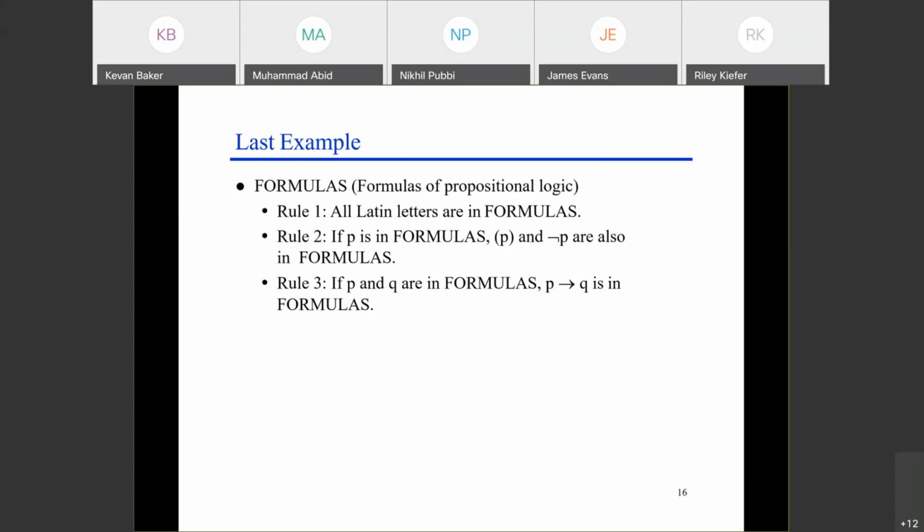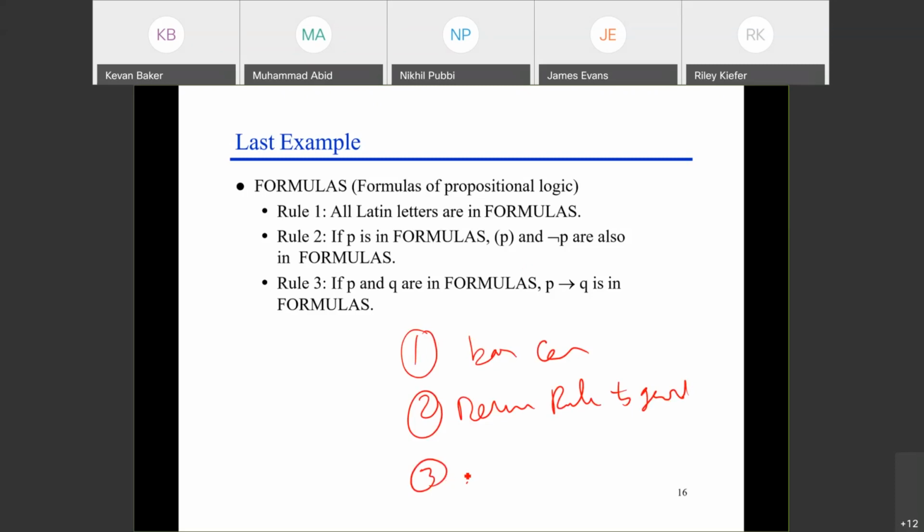And whenever you generate, do not forget to follow the template of the recursive definition. And that template is: number 1 rule, base case. Number 2 rule, derive rules to generate future words. Number 3, no other rule than 1 and 2.